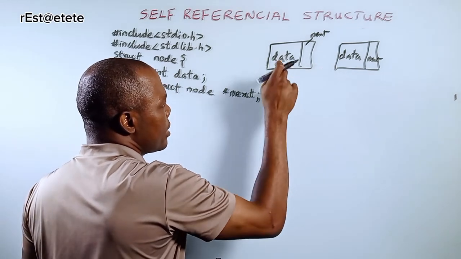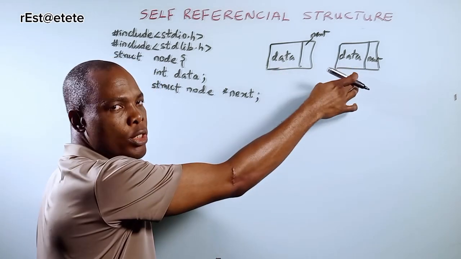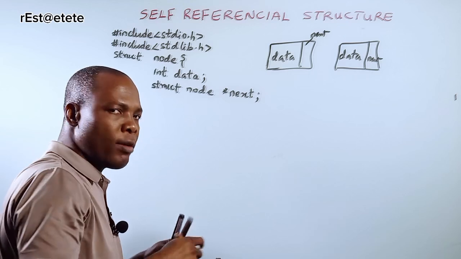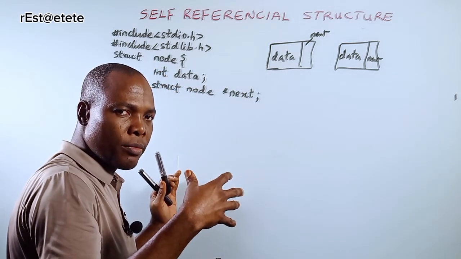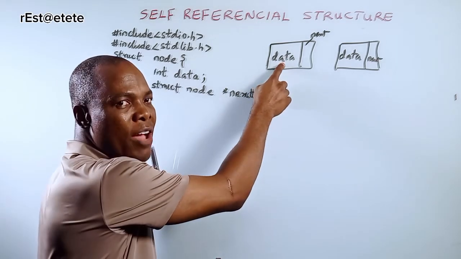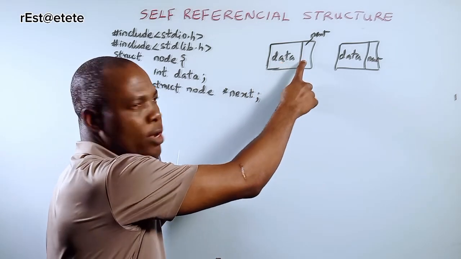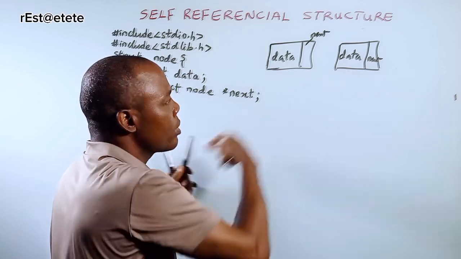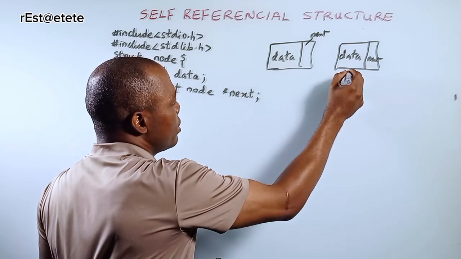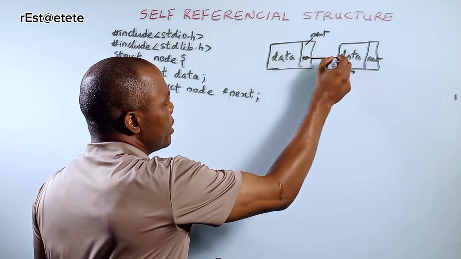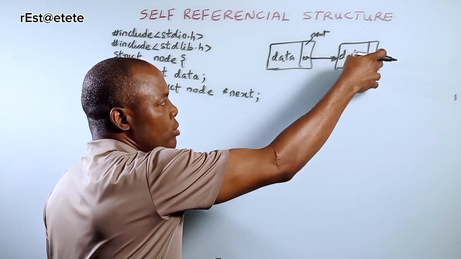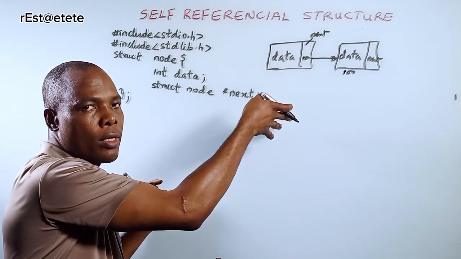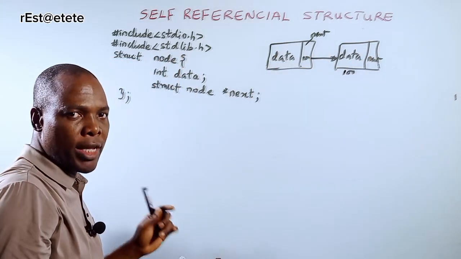If I want this train coach to be connected to this one, next time, instead of redesigning this blueprint, I can just add to my train. So a train coach is where you have people sitting, and this is the anchor that is going to hook to the next one. So if this is 100, meaning this one will point to this. I can increase it, I can add to this one, or I can reduce. That is the concept of self-referential structure.